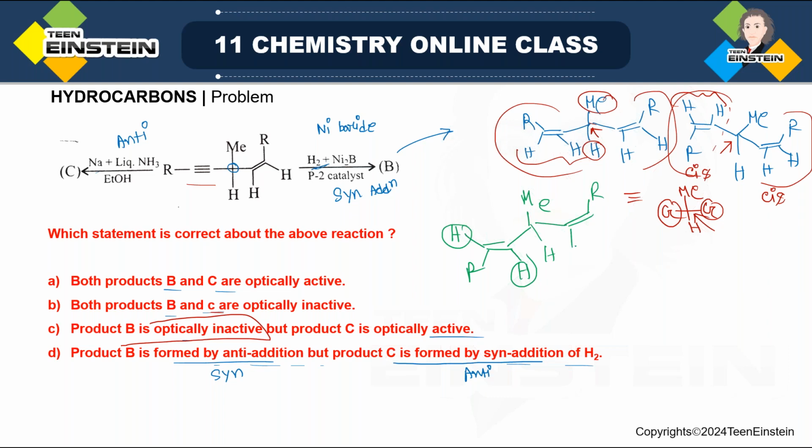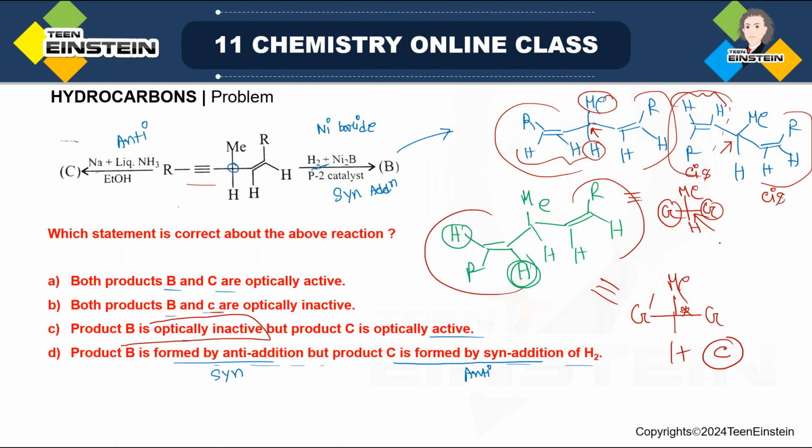And this side remains as it is, because the double bond is not attacked. So this side, now you are getting trans, this is cis. So if this is G prime, this is G. So these 2 groups are not the same. So this will be optically active.